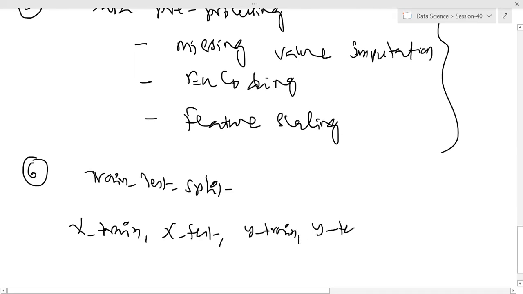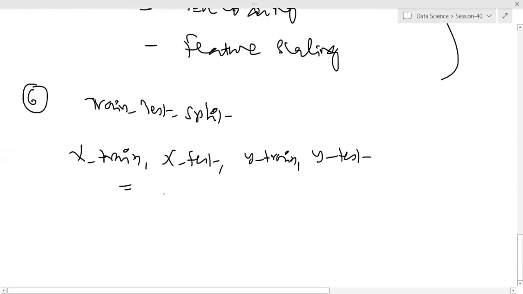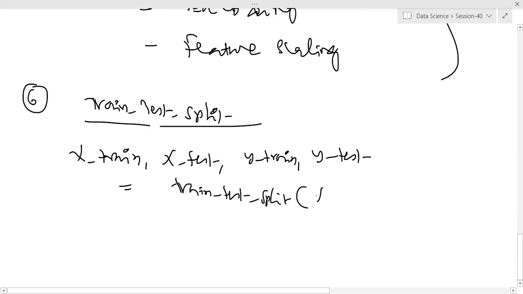And these are generated by what we give as part of it. Suppose I am giving train, test, split, which parameters do I have to give? First thing is X value. Second thing is Y value. Now, if I am giving the test size, this is 0.7 or 0.3 or 0.25 like that. And random state, if you want to give, you can. Otherwise, you can leave it optional. That strategy is there.